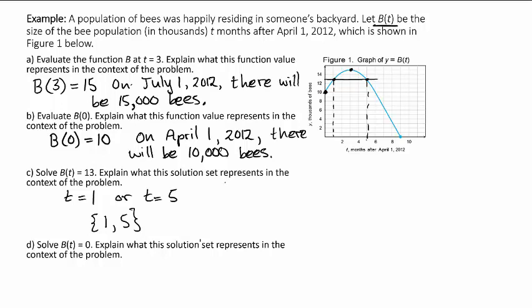So what does this mean in the context of the problem? It basically means that there were 13,000 bees at 2 different times after April 1st.